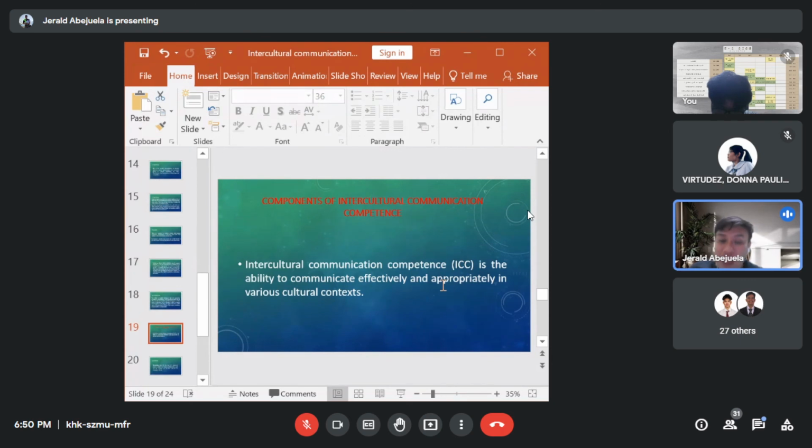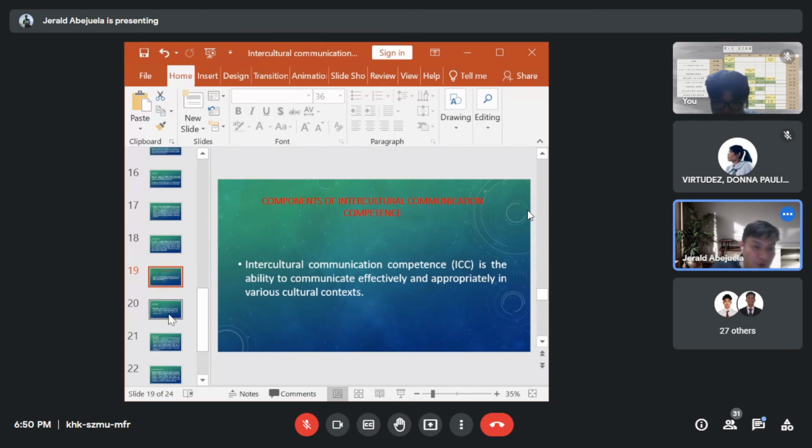It is important that you must be communicatively competent, or ICC, despite the fact that there are differences in culture. Kasi mapag-iiwanan ka kapag ikaw yung tao na hindi marunong mag-adapt at matuto doon sa kultura ng ibang tao, sa kultura ng ibang bansa. Okay? You must be able to adapt it and learn from those cultures so that you will become competent in terms of intercultural communication. Okay?